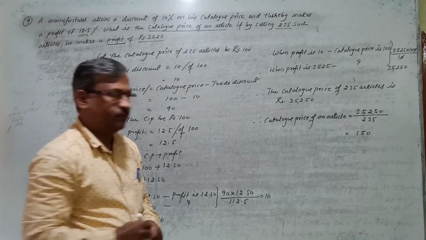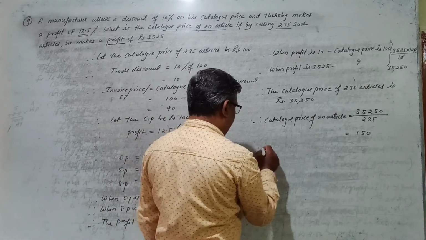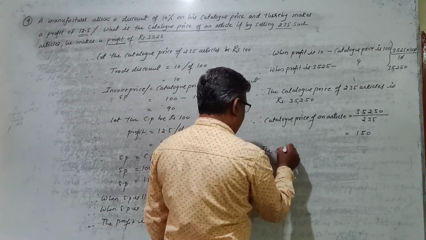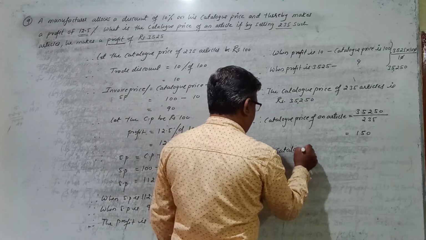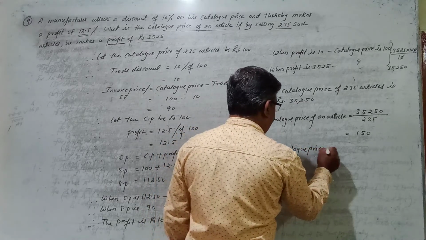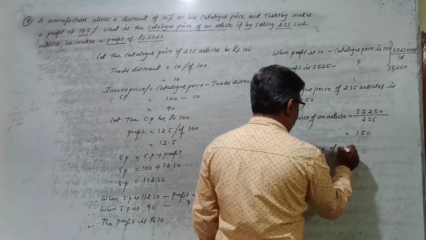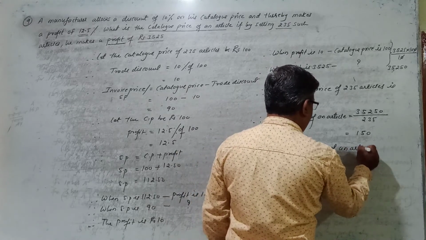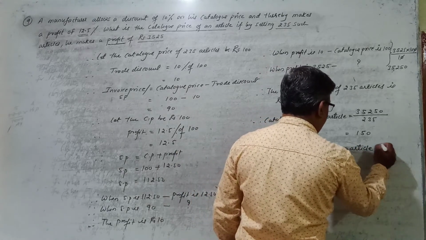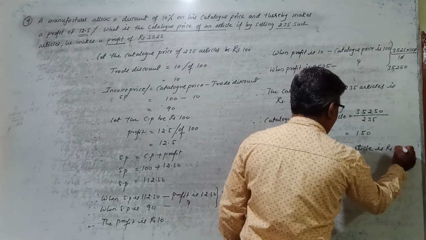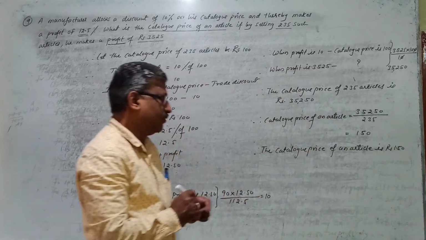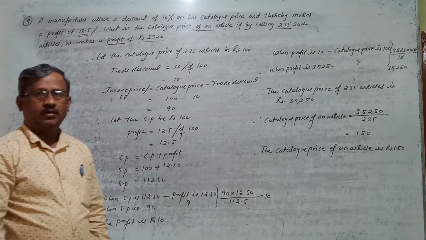So 150 is the catalog price of how many articles? One article. So below that you can write, therefore the catalog price of an article is rupees 150. Okay?